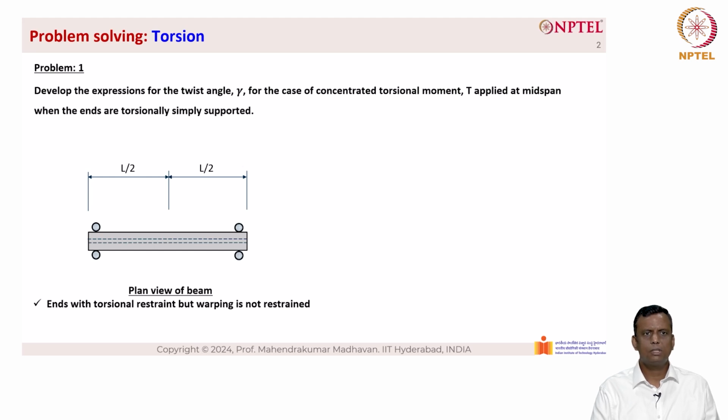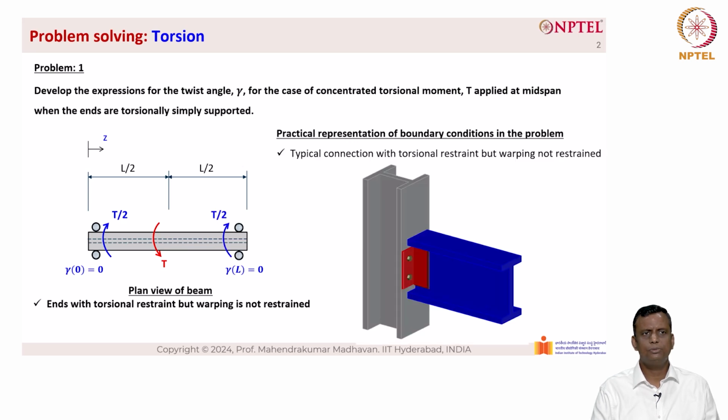The ends have torsional restraint, but warping is not restrained, and you can see that gamma of 0 equal to 0, that is twist is prevented at both ends, at gamma of 0 equal to 0 and at gamma of L equal to 0. You can see that concentrated torque is applied at the midspan and the reaction is given at two ends. The first end is T by 2 and the second end is also T by 2.